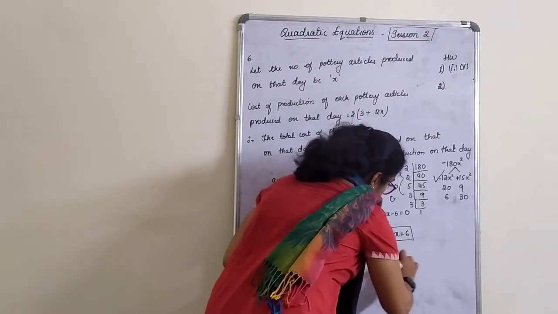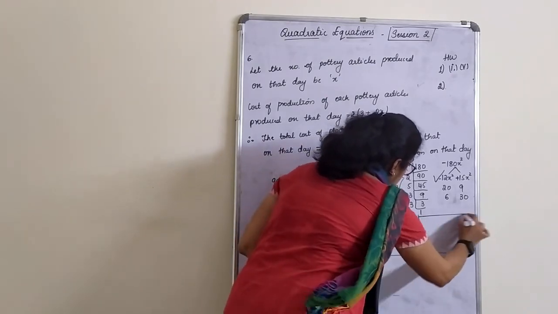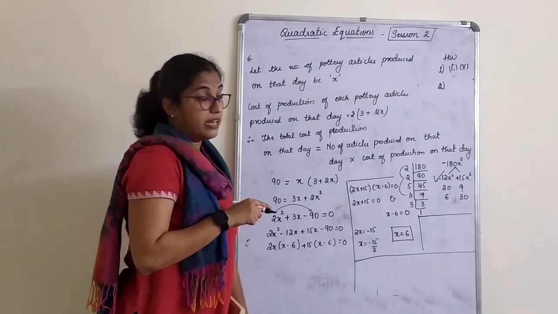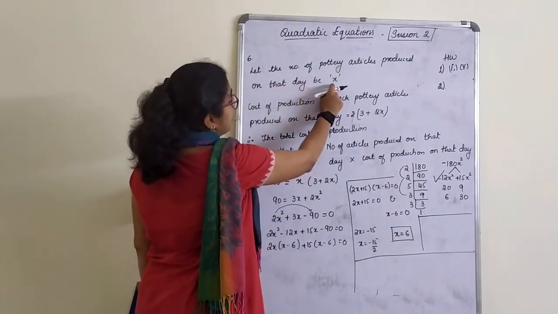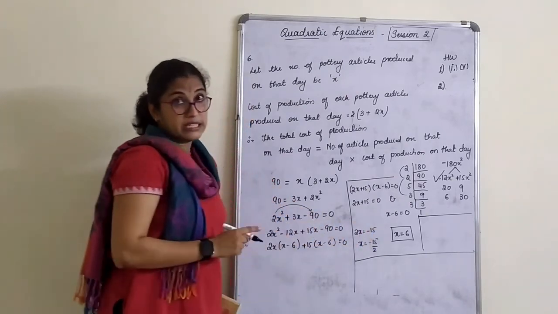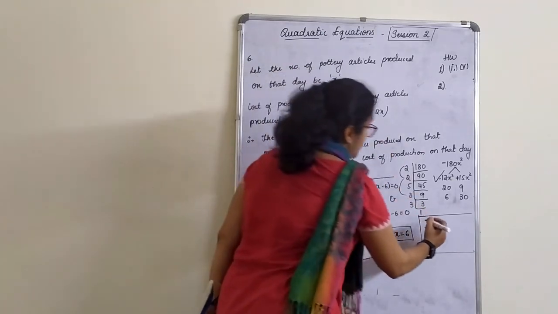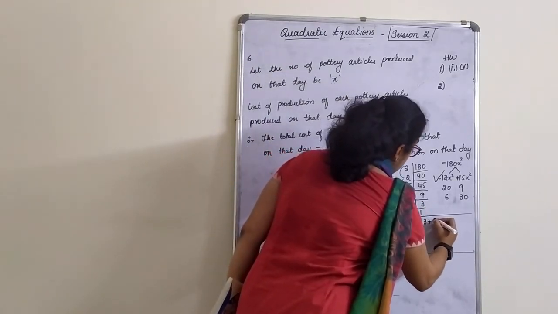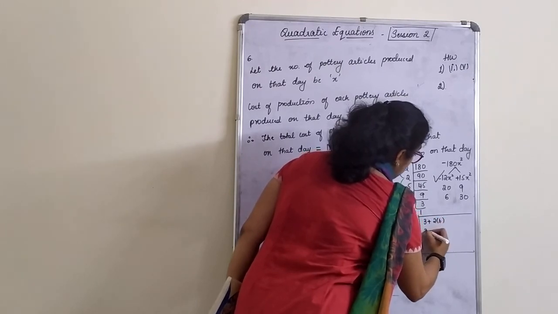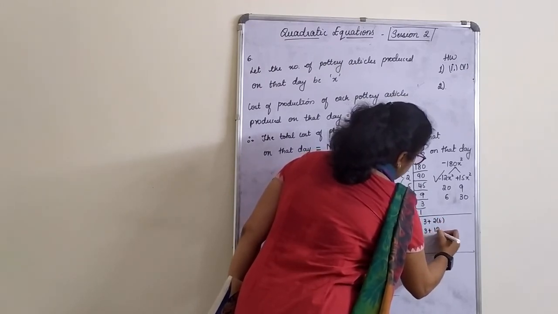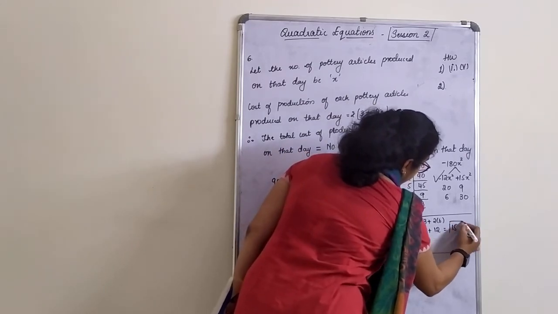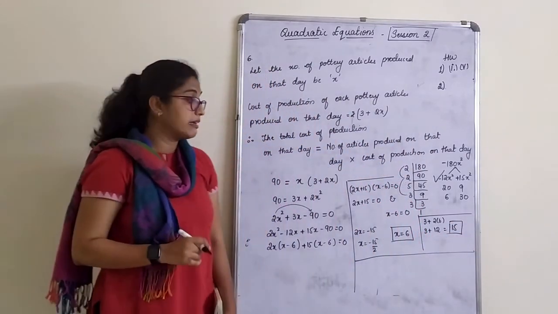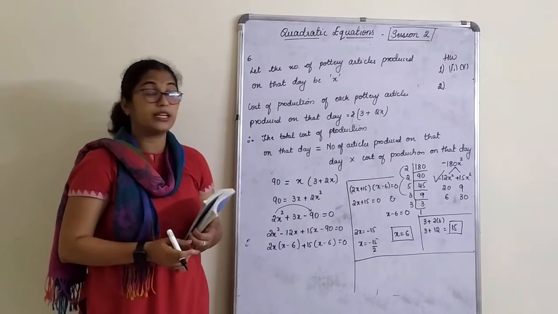I don't have space for writing so many statements, so I only write the final answer. The number of pottery articles produced on that day is 6, and cost of each article would be 3 plus 2 into 6, 3 plus 12, 15. Give the correct answer, rupees 15 on each day.